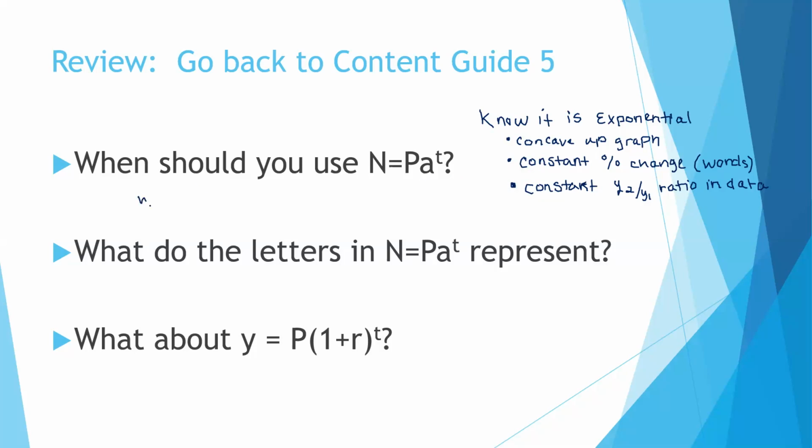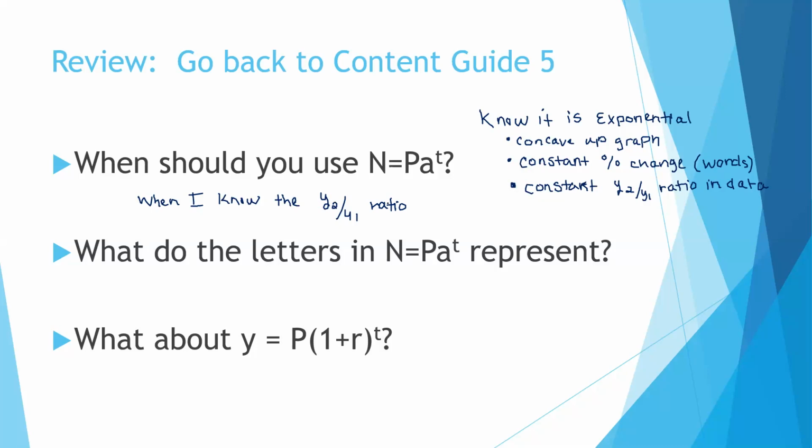When I know that ratio. So looking at the notes that I've written off to the right-hand side, this is really going to be when I have data that I should use NPAT.